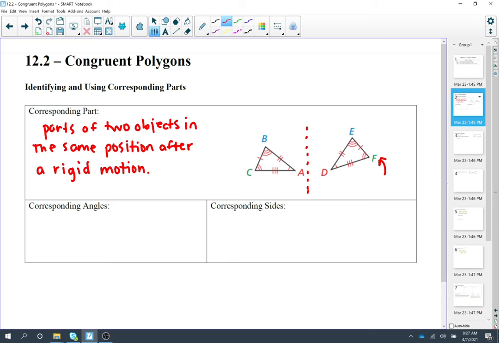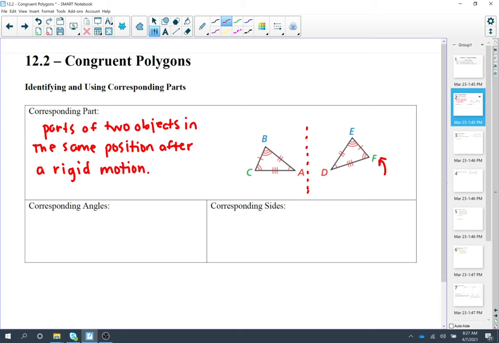So angle B would be a corresponding part to angle E. Angle A would be a corresponding part to angle D. And then the sides work the same way. So side AC is a corresponding part with side DF.